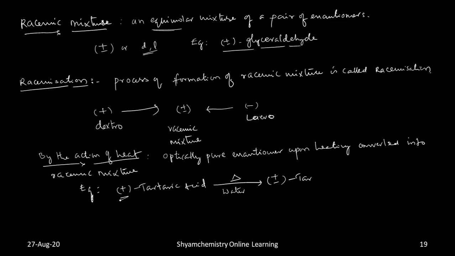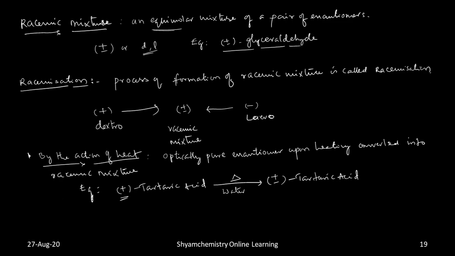We are just taking one enantiomer, the dextro enantiomer. Upon heating, dextro is converted into an equimolar mixture of dextro and levo tartaric acid. It is the one process.